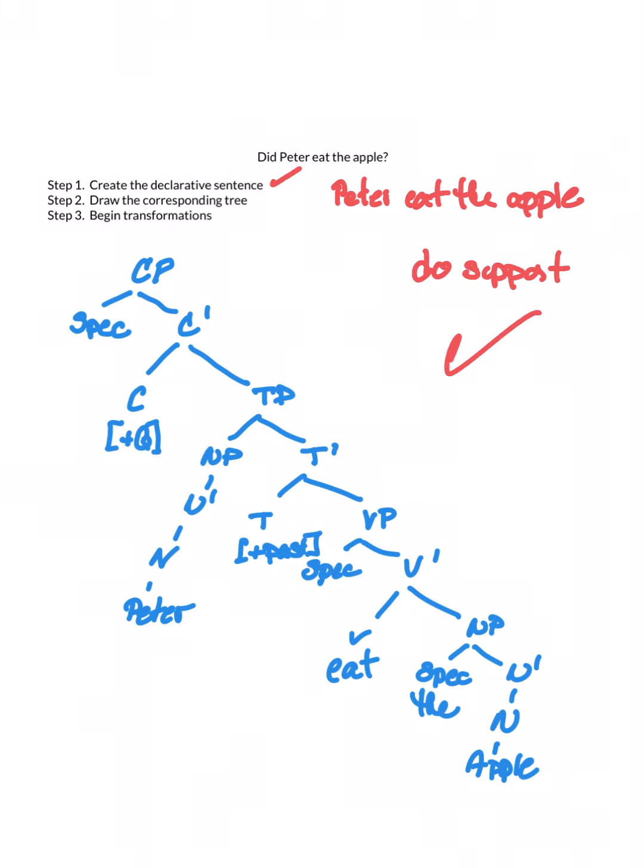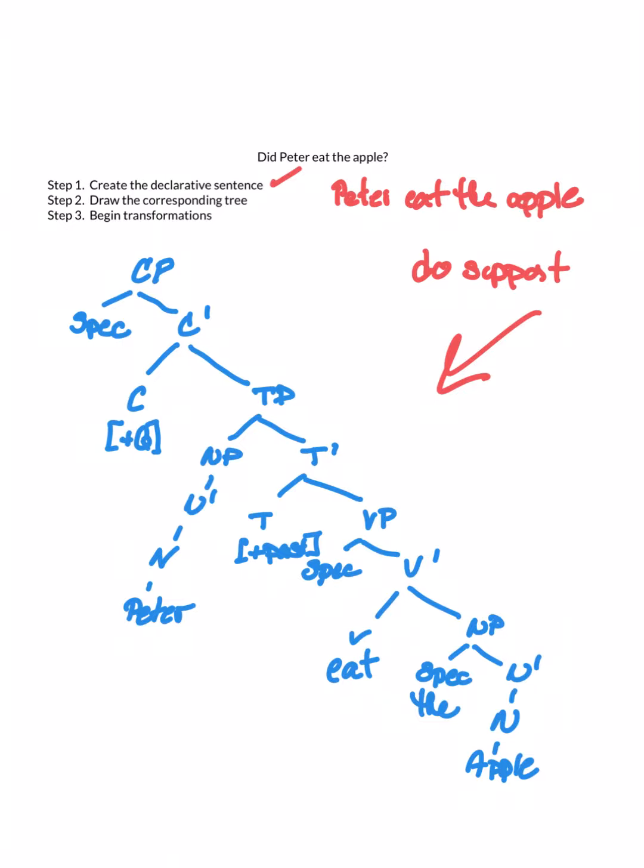So here, I've drawn the tree structure for Peter eat the apple. So everything is here as we've seen before. We start with a CP structure. You'll notice that this C, I've put the plus Q indicating that a question is here, so that's going to trigger some things to happen in this sentence, such as the movement of the T into the C position.